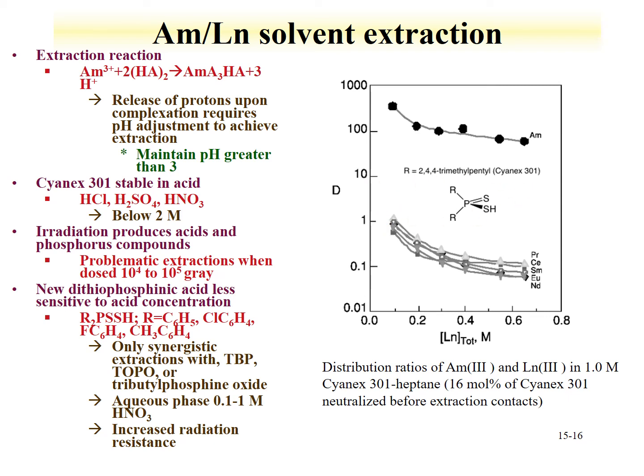This ligand is stable in acid, and as an example shown here, there's distributions of the trivalent americium and the trivalent lanthanides in 1 molar Cyanex. That's around 16 mole percent of Cyanex 301 in heptane. So you can use this ligand to achieve selective separations, and it's driven by the soft donor properties of these ligands.